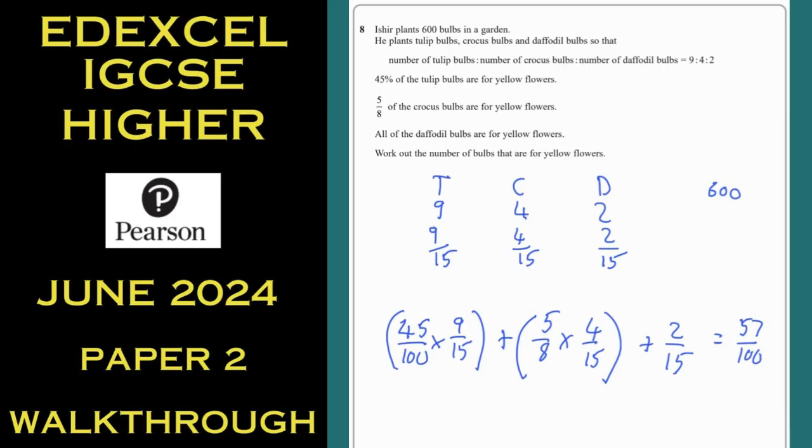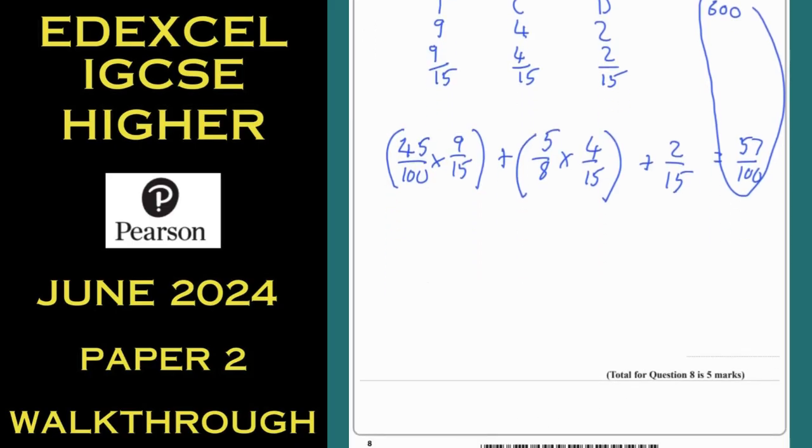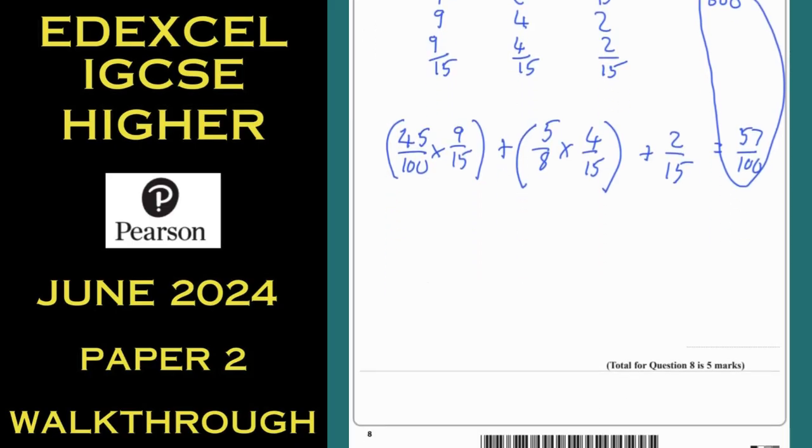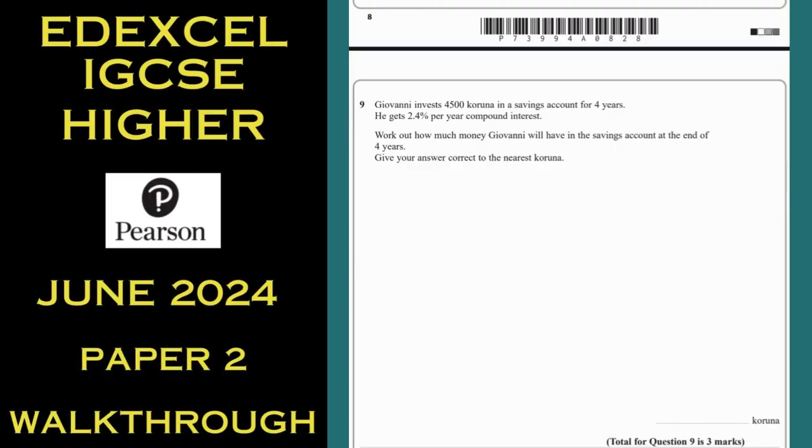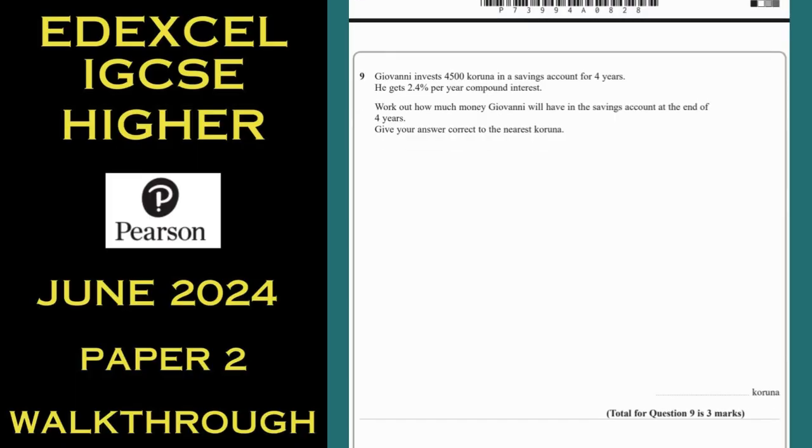So there we go, 57 hundredths of all the plants are yellow. Of means times. So 600 multiplied by 57 100ths gives you 342.